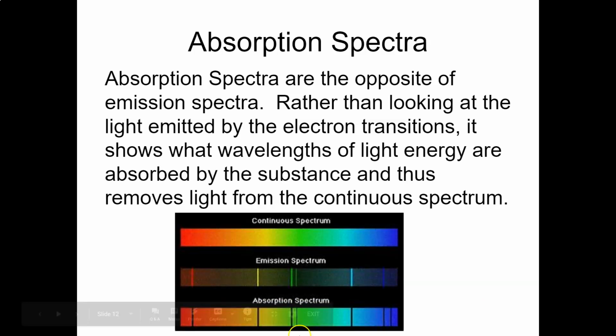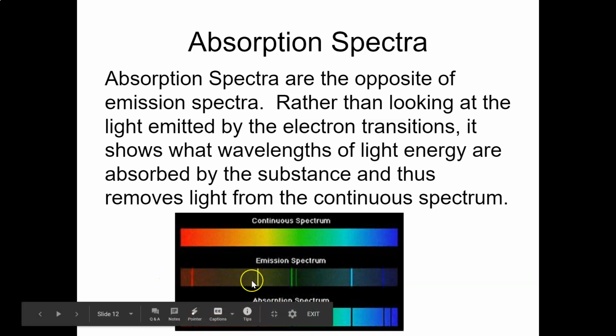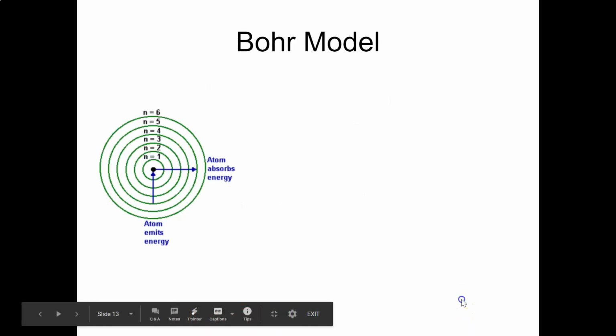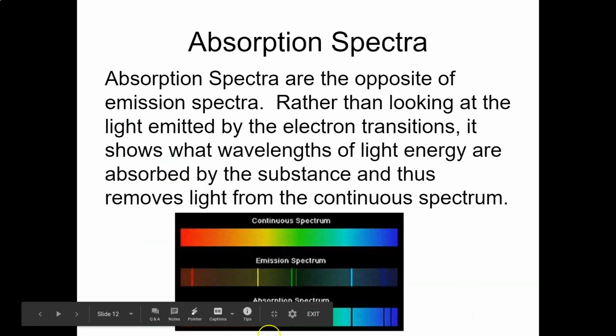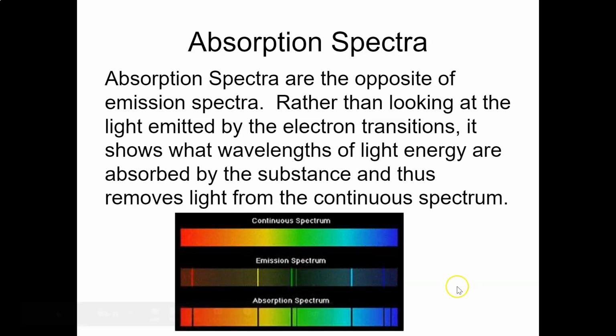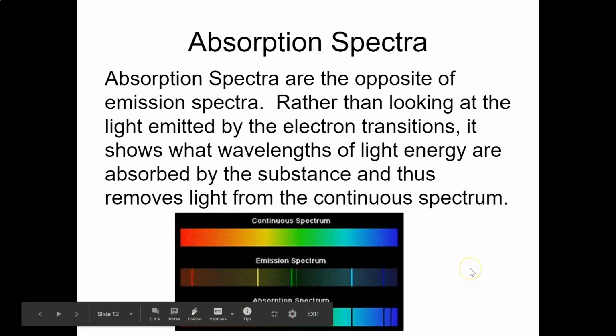So instead of seeing the colored lines being given off by the atom, what you're seeing is the absence of those lines. Notice that the lines are exactly in line with the lines from the emission spectrum.